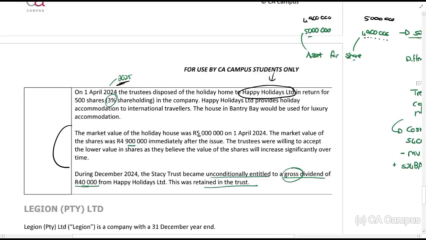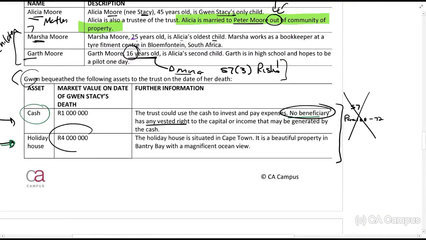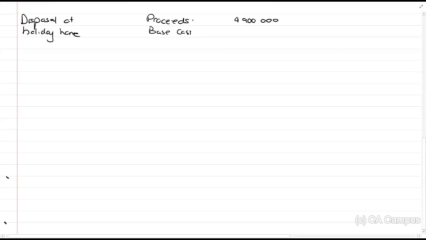What was the base cost? It was donated or bequeathed by Gwen. The market value on the date of her death, 4 million. And that goes into our CGT column. Doesn't belong to anybody. Then there was a dividend received.